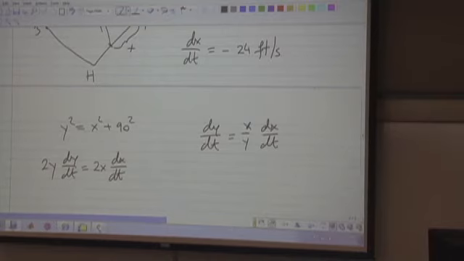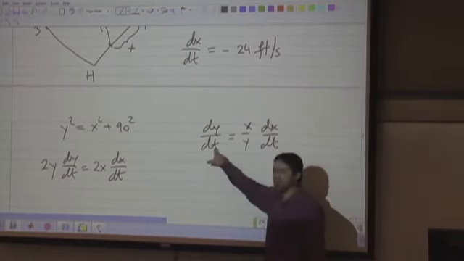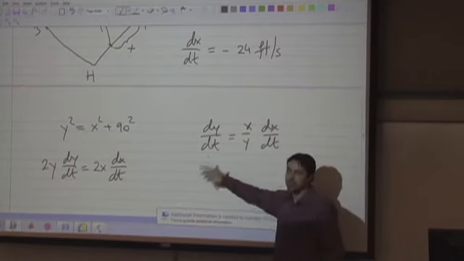Yes? How come for y squared equals x squared plus 90 squared, you can't put 45 in for x squared? Because x is a variable. The runner starts at home plate and runs towards first base, right? x is at any given point the distance between the runner and first base, which means it's a distance that keeps getting smaller. Remember that both of these rates are rates in terms of time, but technically they are functions of time.